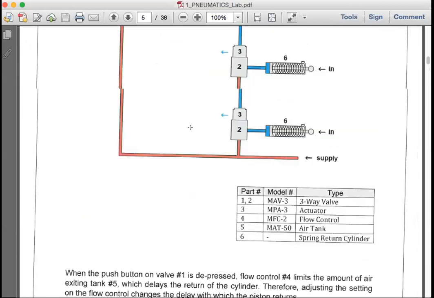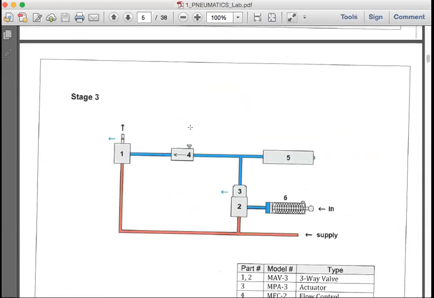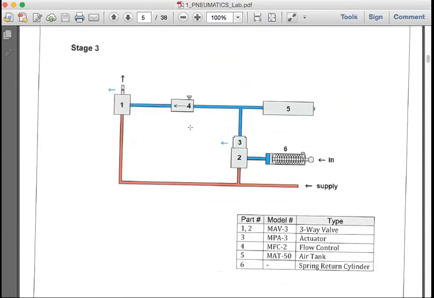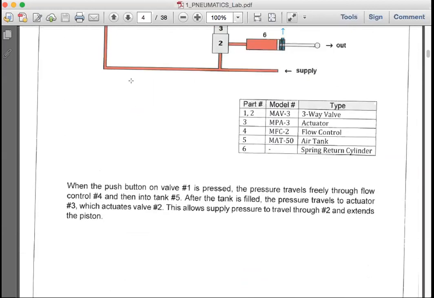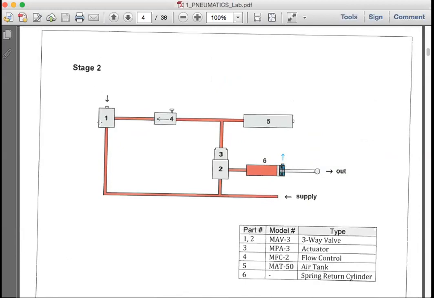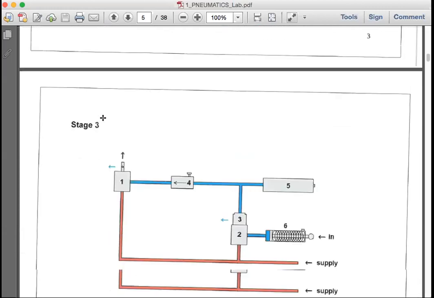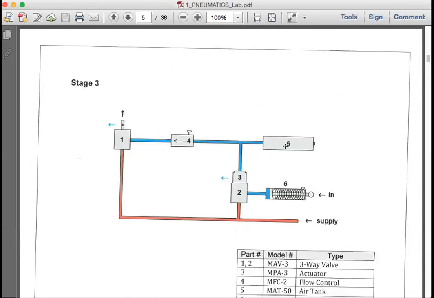If we go into our limited memory, then you will see that activating the stem extends the piston. So your valve number 1 sent the command piston out, but after a few seconds time delay, when you release the stem, the piston returns.